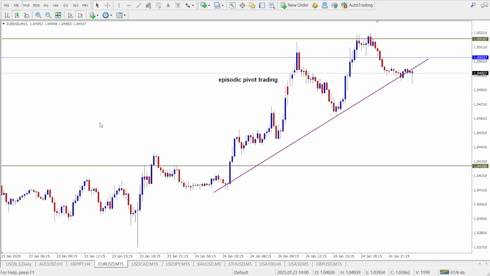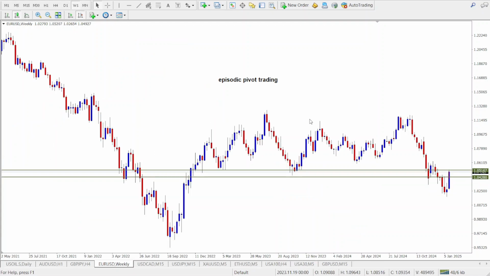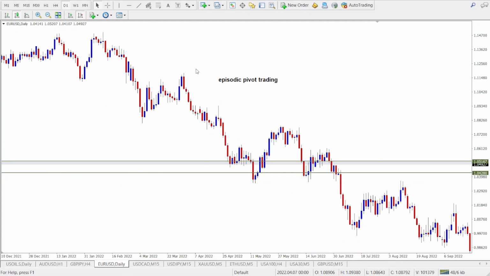You have to choose your time frame first. You can decide which time interval you want to focus on. Do you want to focus on the daily, the weekly, or even hourly? For beginners, I'm going to recommend starting with the daily or weekly. But let's just go to the daily.